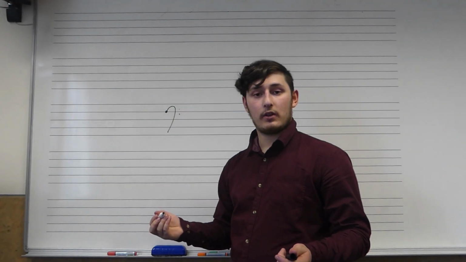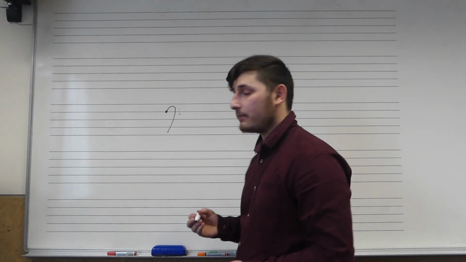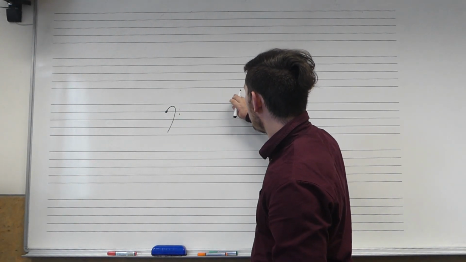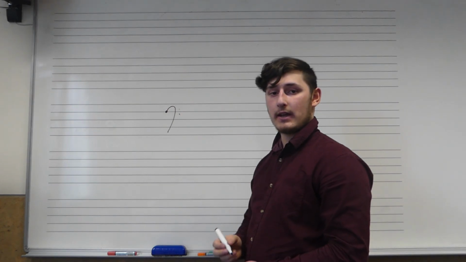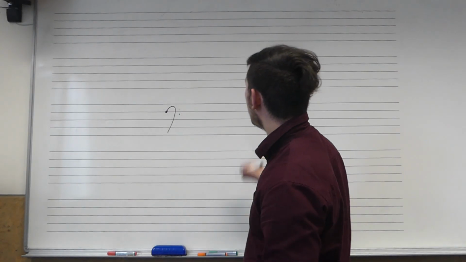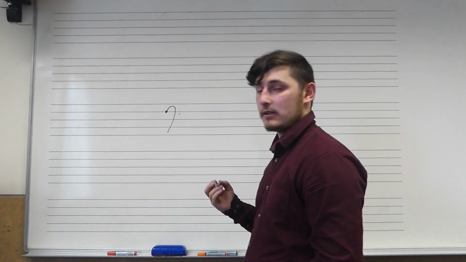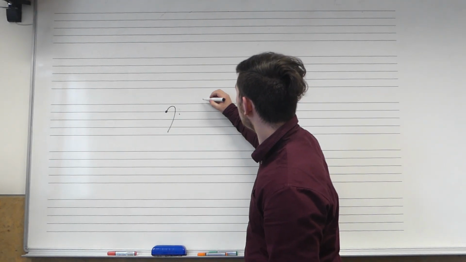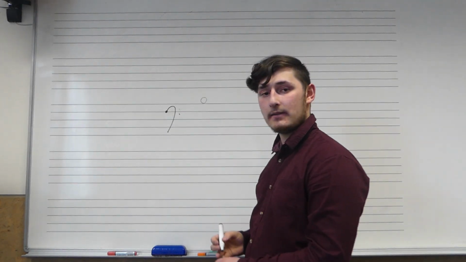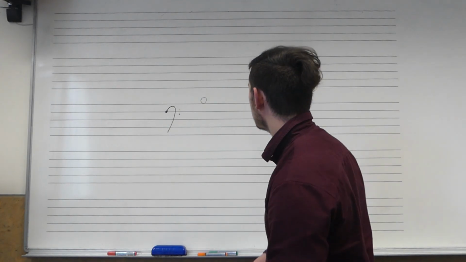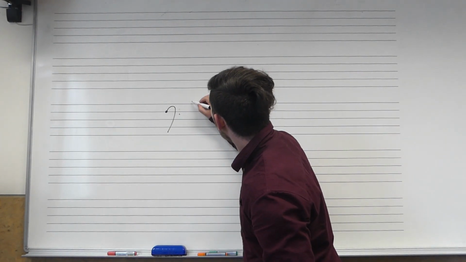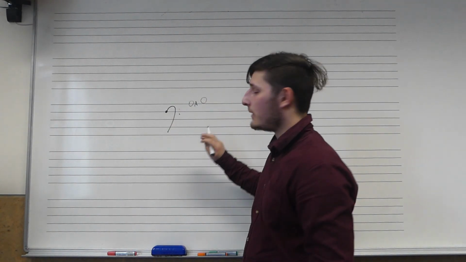Similar to the treble clef, if notes go above or below the stave, then we introduce ledger lines. Here we have a B, and we can work this out with the A that is down here that we know.